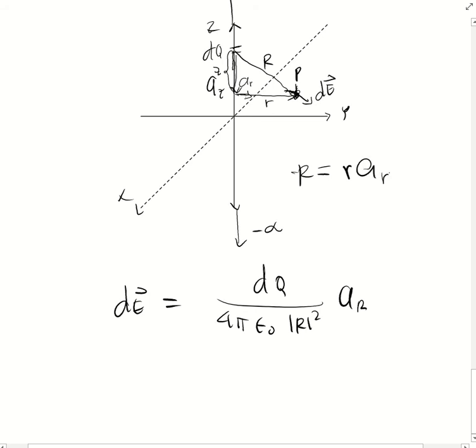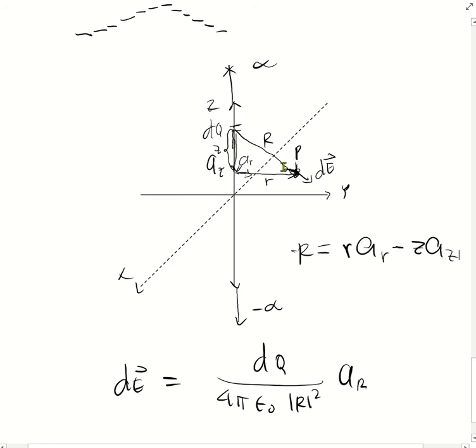In the direction of a_r. Yung z natin, pero negative to kasi yung a_z natin pababa. So, yung ating vector R now will be r a_r minus z a_z. Nakita nyo? Yung triangle na yan. Components ng R are a_z pababa, negative, and r a_r na pa-right, positive. So, R is equal to that.